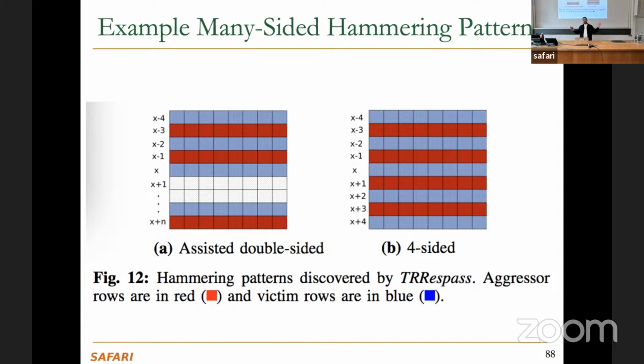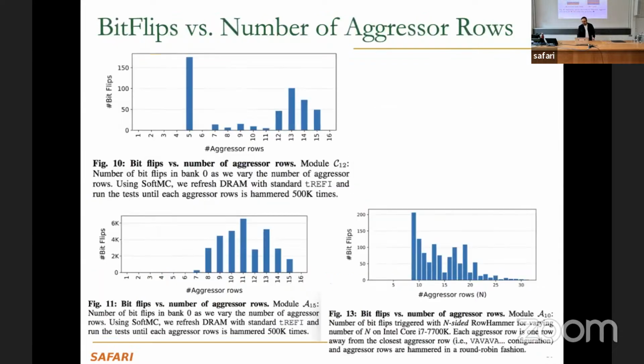And if you increase the number of aggressors, now the DRAM chip needs to keep track of the activation count of more and more rows. And they have only a limited number of counters inside the DRAM chip, which is a dumb design. But that design decision is there because of some cost concerns. And as a result, you overwhelm it.